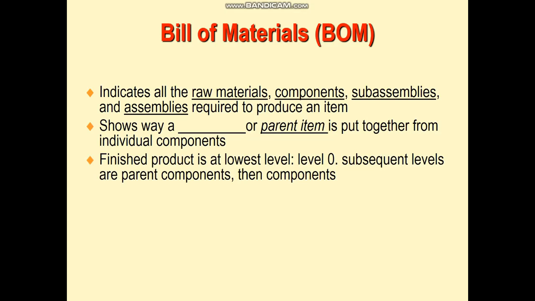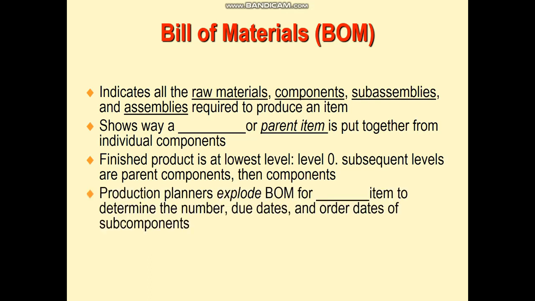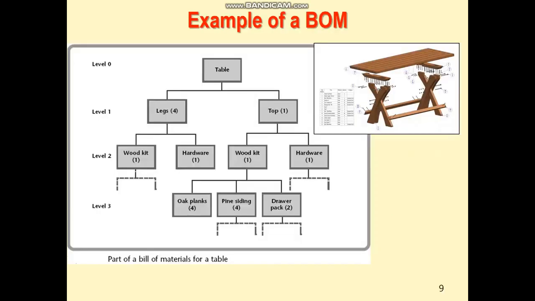We consider the finished product to be at the lowest level, that is level 0, and the subsequent levels are parent components, then components. The production planner exploits the BOM for the finished item to determine the number, due dates, and order days of subcomponents.